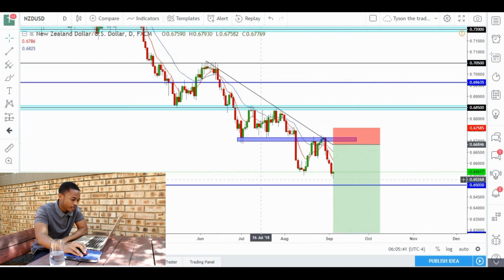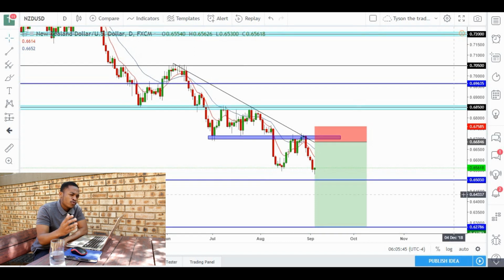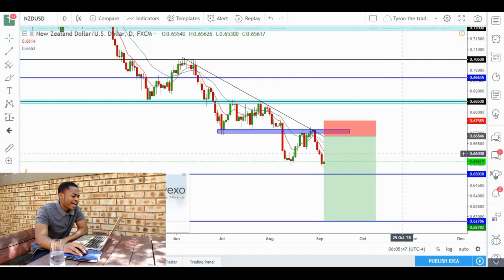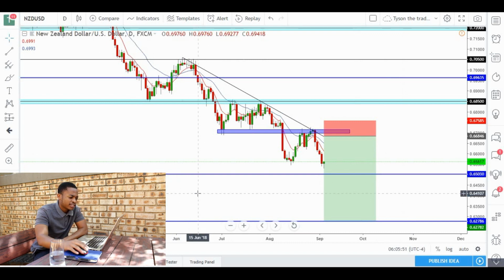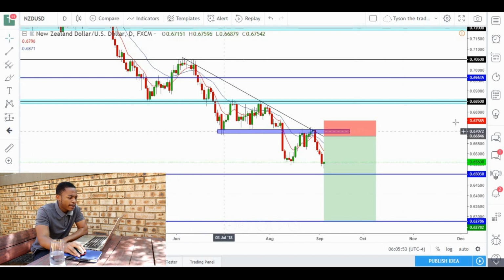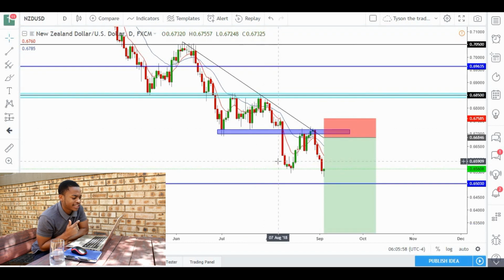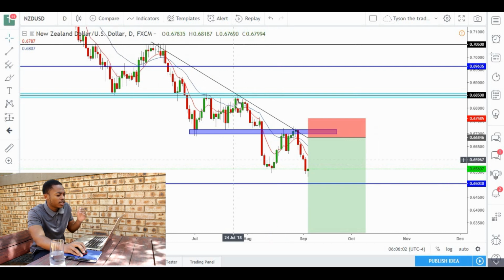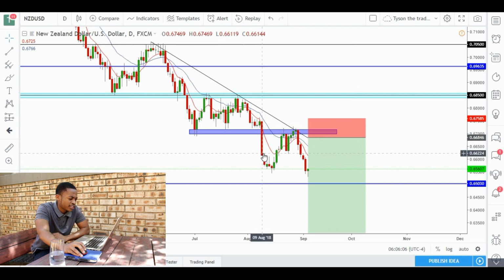Another thing to note is that the market is always moving in 2 phases. It's either a push or a pullback. In this case, we had a push to the downside and it ended up breaking below our support level. However, once we have a push, we anticipate the next move, which is a pullback. Once support gets broken, it turns into resistance.